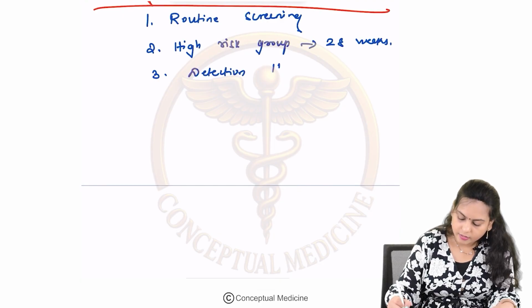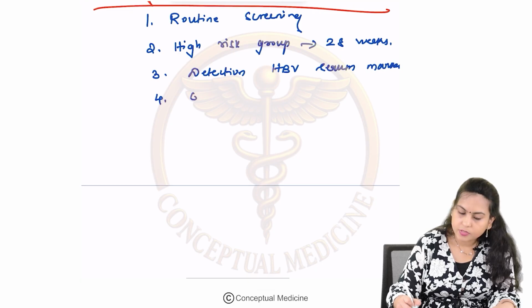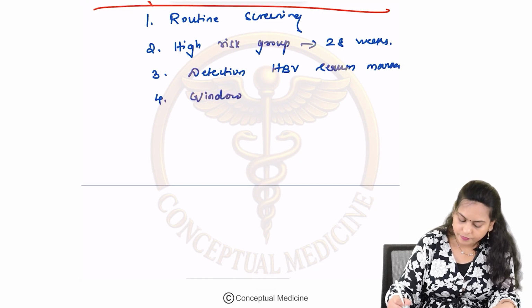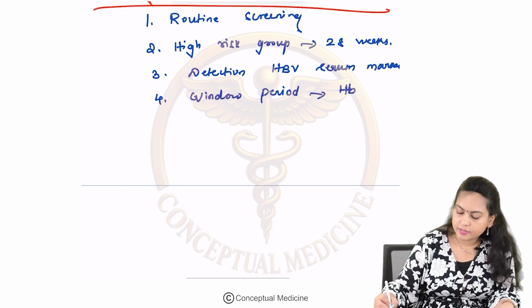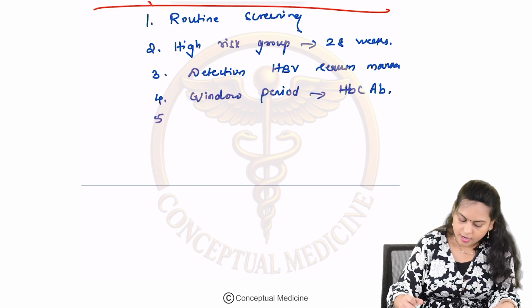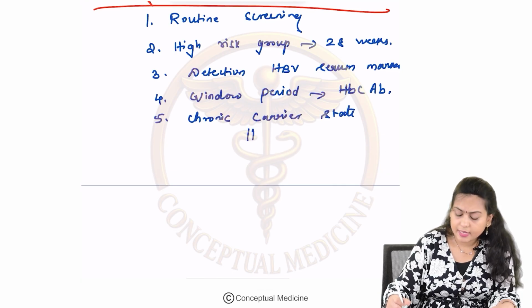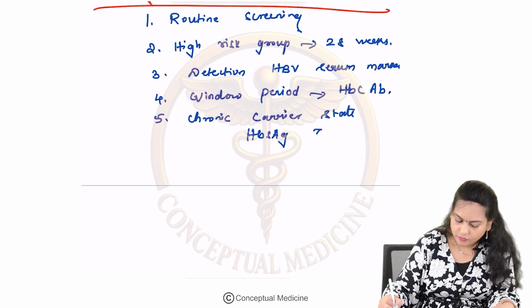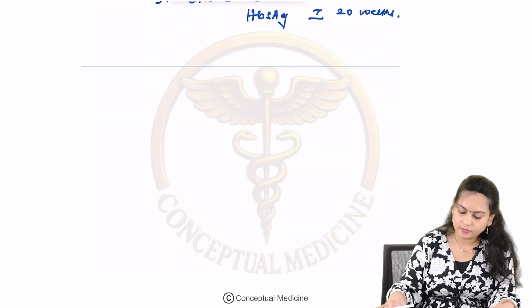You have to detect the HBsAg serum marker while screening. If she is in the window period and you are doubtful, you can screen for antibody. Chronic carrier state means they will be carrying the antigen for more than or equal to 20 weeks.